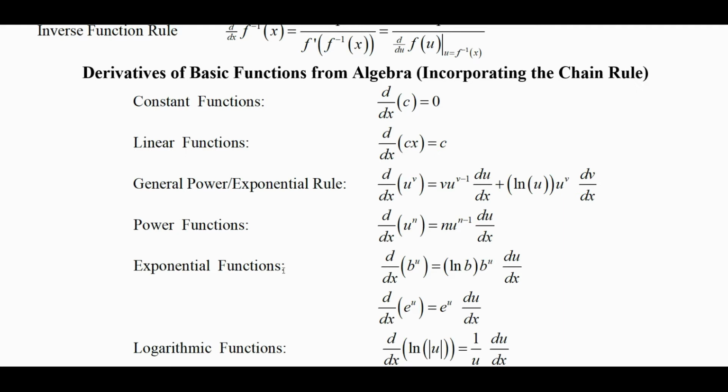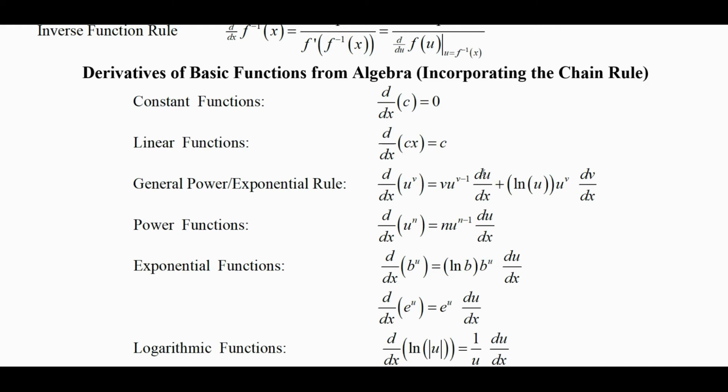The first part is you get v times u to the v minus 1 times the derivative of u, plus we get the log of u times the original function u to the v times the derivative of v. Now if v is a constant, then that last part is 0, and you get what's called the power rule. The derivative of u to the n is n times u to the n minus 1 du.